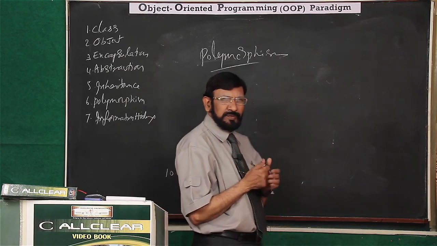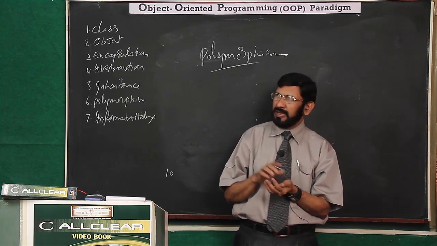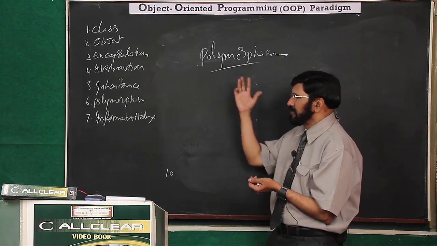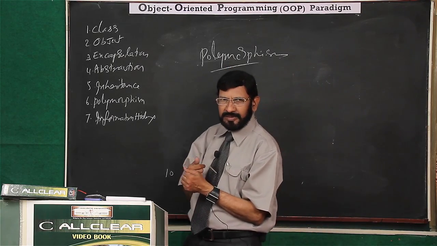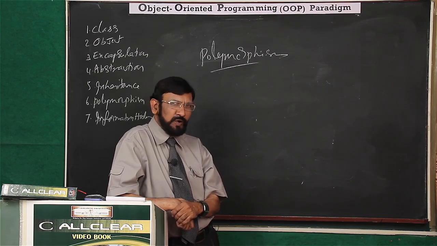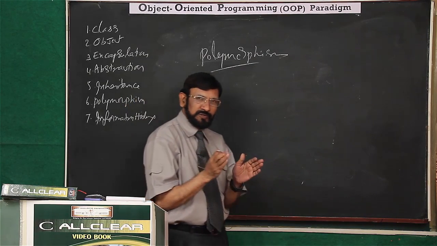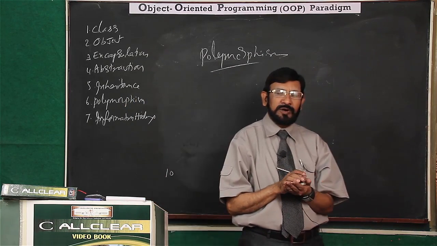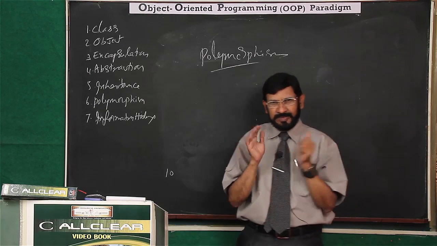With two examples, I will explain, because without programming knowledge you cannot understand this concept well. First one is the household mixie or food processor. You always call it a mixie.